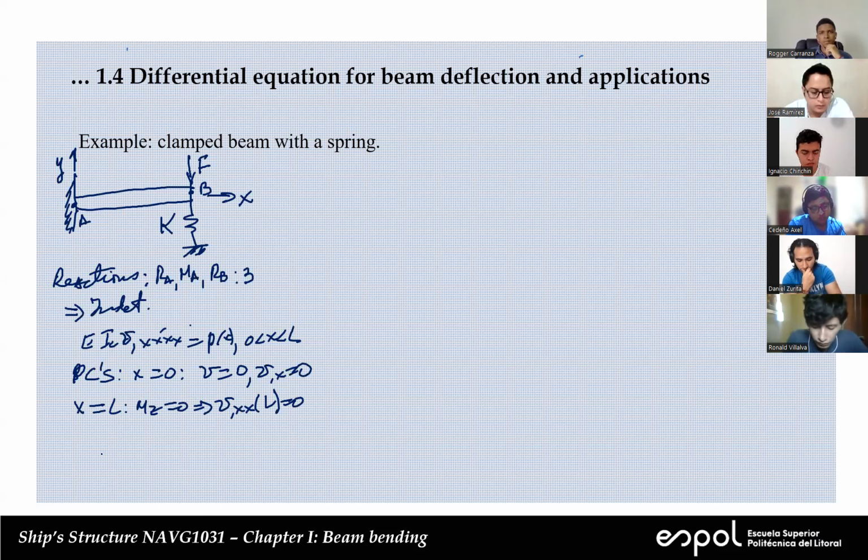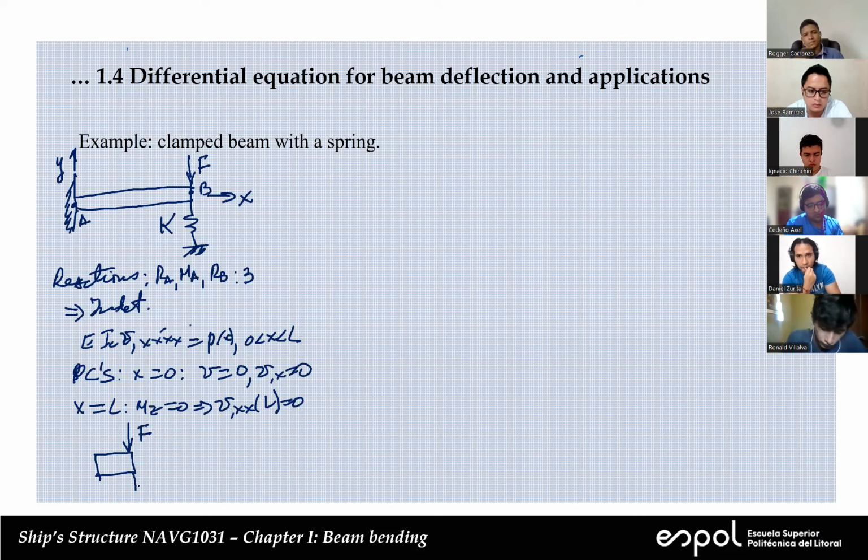Now, the thing is this: on the right end we have this force, which is equal to F. What did we say? If we have a displacement v at L that's positive, the force from the spring will be downwards, right?